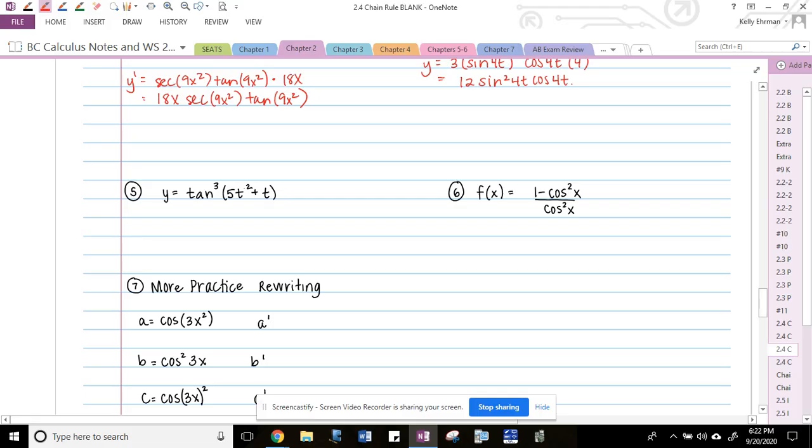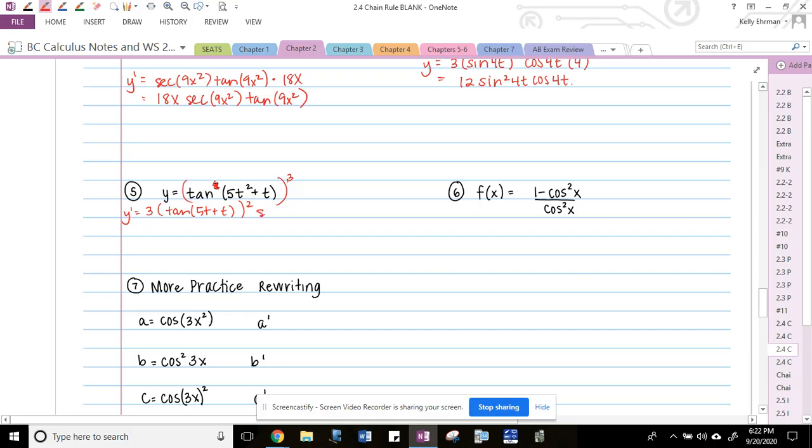Same thing here. Remember, this is tangent of this thing cubed. So the first derivative that you take, the first step, is to do the power rule. 3 times tangent of 5t plus t squared. The next step is to take the derivative of a tangent function.